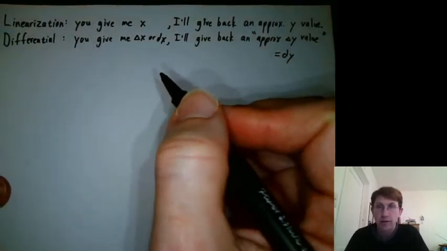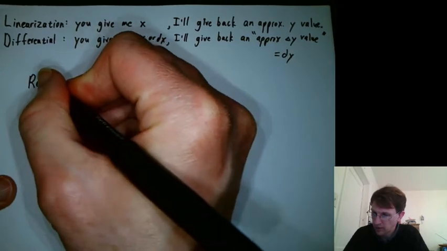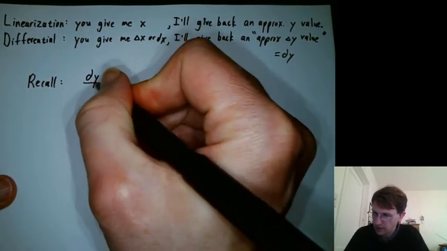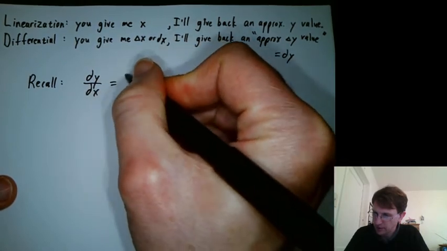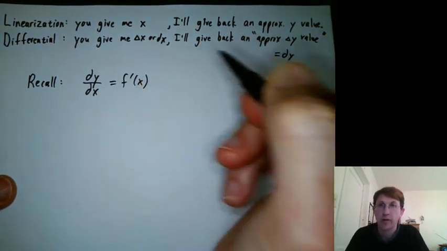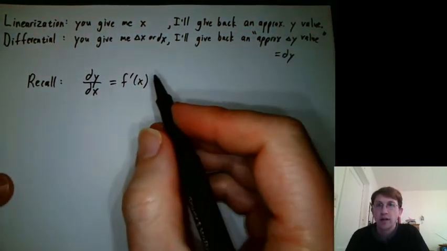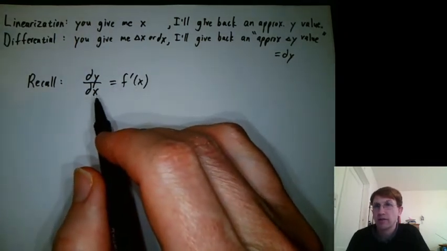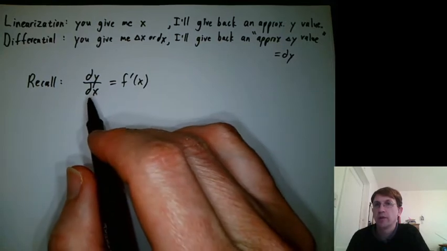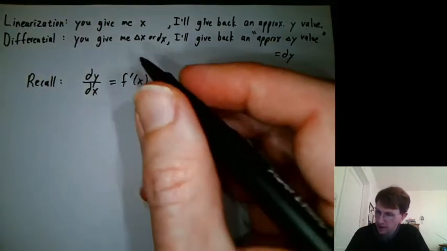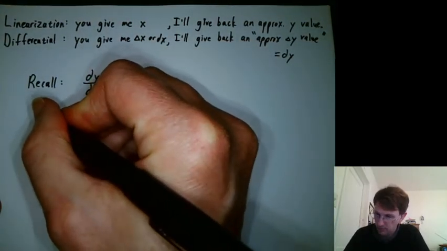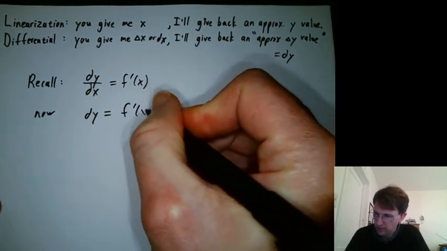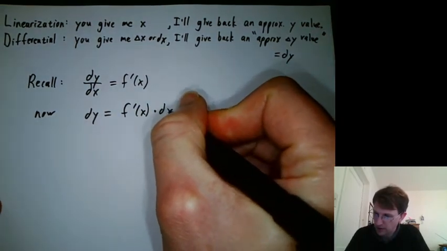So another way to think of it, way back when we first introduced derivatives, we said dy over dx is another name for f prime of x, right? Now, we said this isn't really a fraction, but if it were a fraction, I could multiply both sides by dx, and then I could write dy as f prime of x times dx.